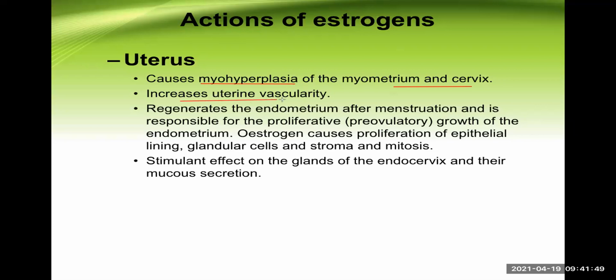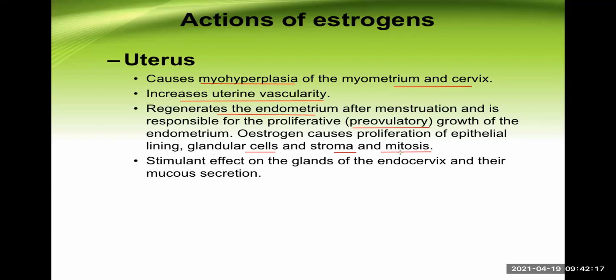It increases uterine vascularity, blood vessels, and regenerates the endometrium after menstruation, which is known as the proliferative phase of the endometrium. Okay, it occurs in the pre-ovulatory phase. Estrogen causes proliferation of the epithelial lining, glandular cells, stroma, and even leads to mitosis, meaning division of the cell.